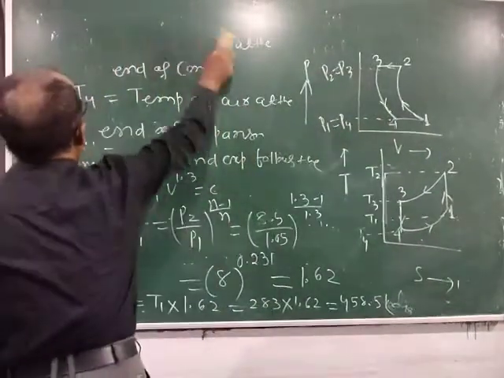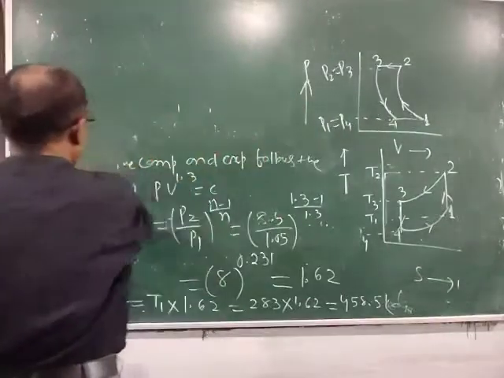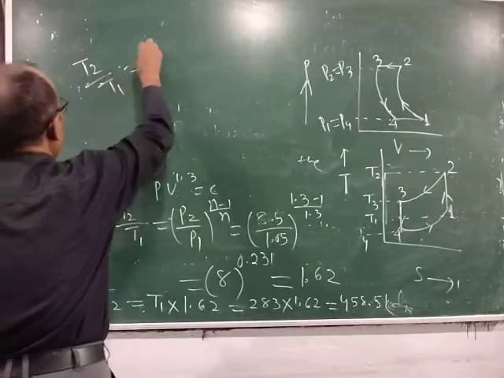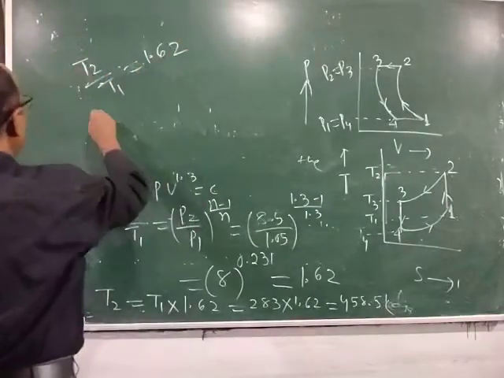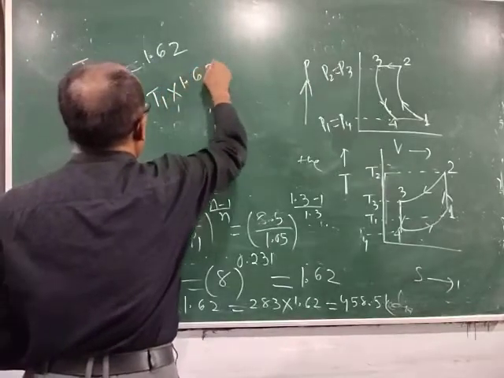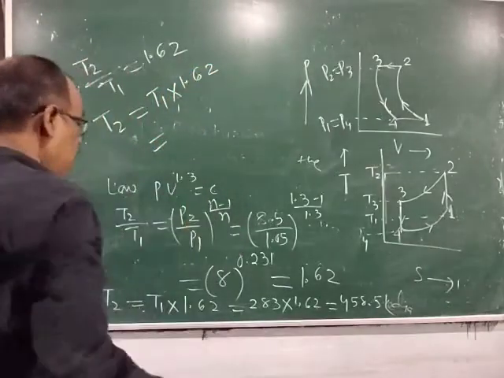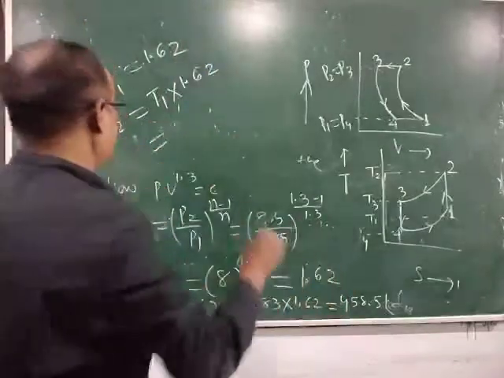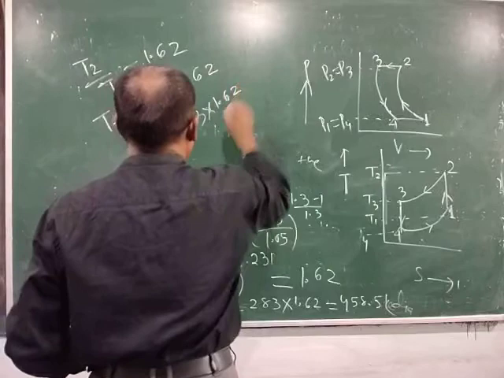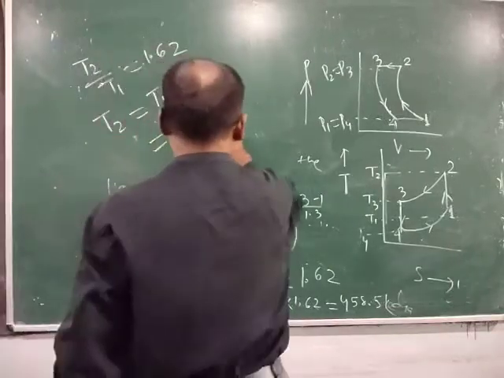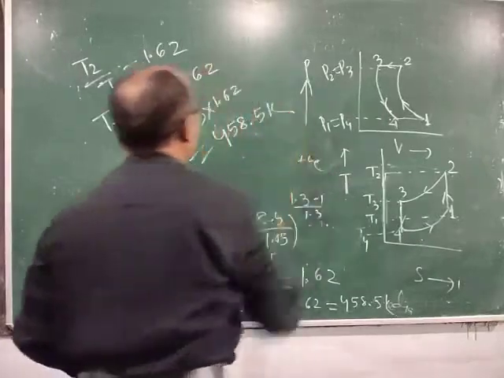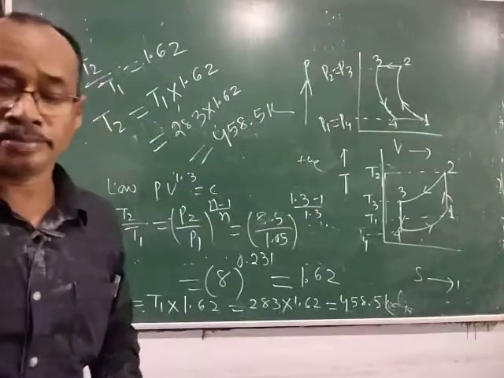Therefore, T2 by T1 is equal to 1.62. T2 is equal to T1 into 1.62. But T1 is equal to 283 given. 283 into 1.62 is equal to 458.5 degree Kelvin.